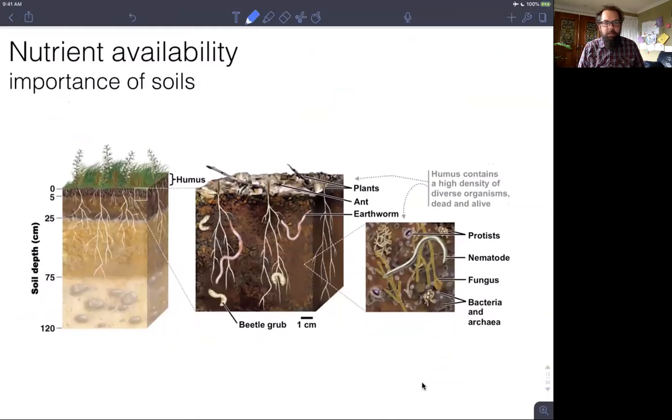Soil is not just different sizes of former rock, like I showed in the last slide, but soil also includes an incredible amount of organic material, especially in that upper surface or the humus part of the soil.